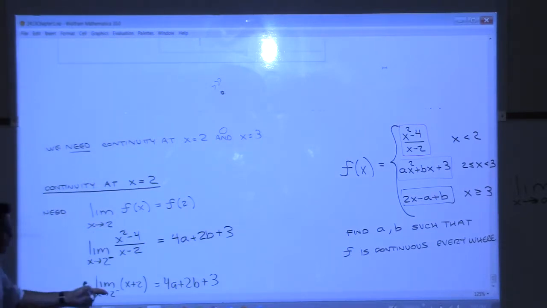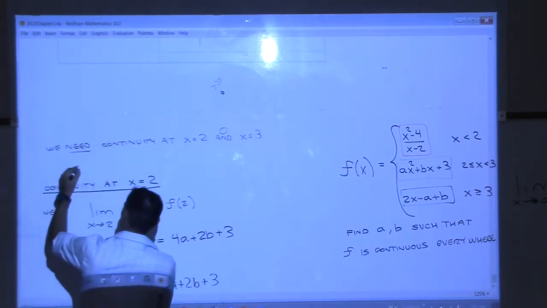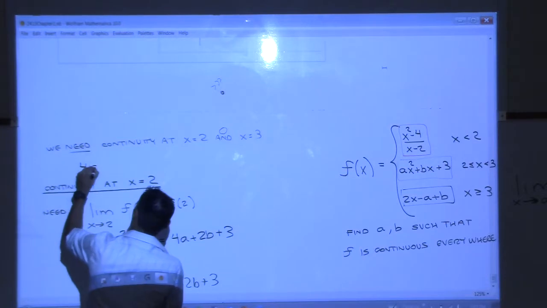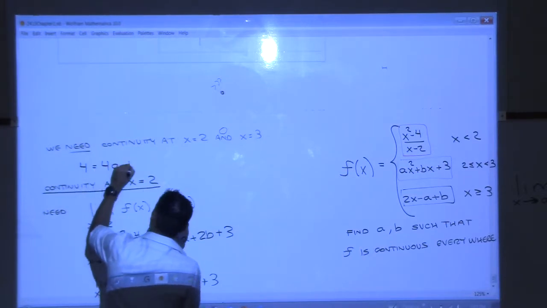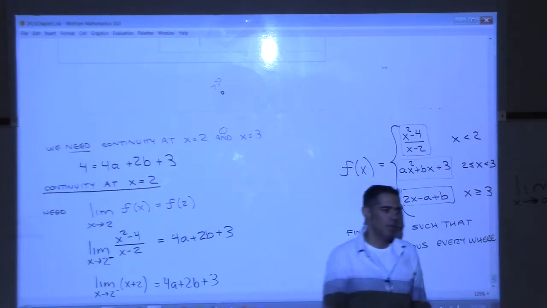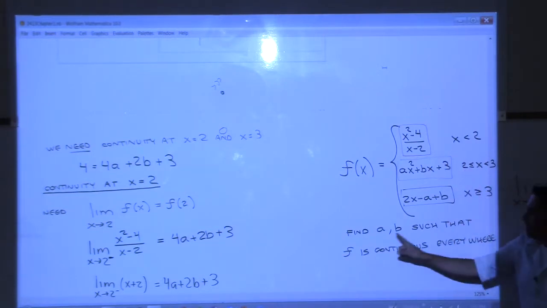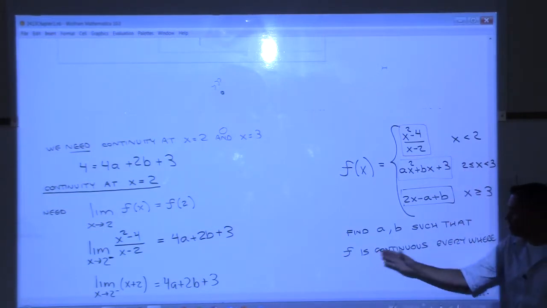All right, so I'm out of room down here, so I'm just going to wrap it back up here. Here's where we are. The left side, the limit actually just became 4, and we have 4 equals 4a plus 2b plus 3, right? That's where we are. So to recap, we're supposed to find the a and b that make it continuous everywhere.